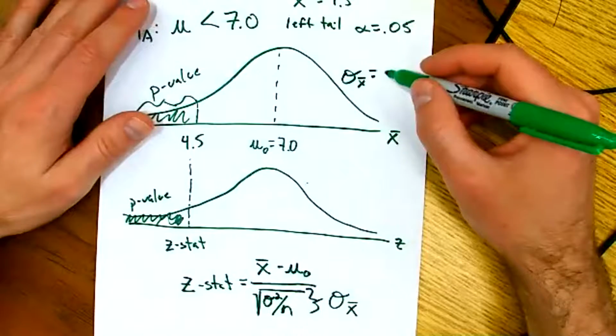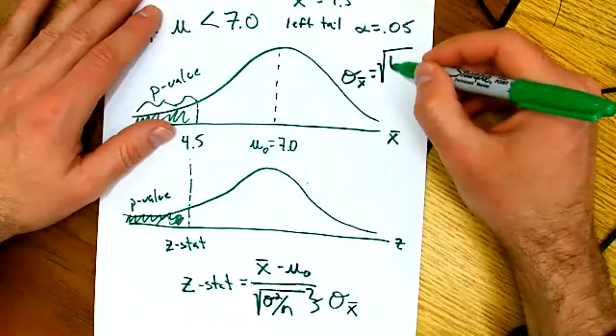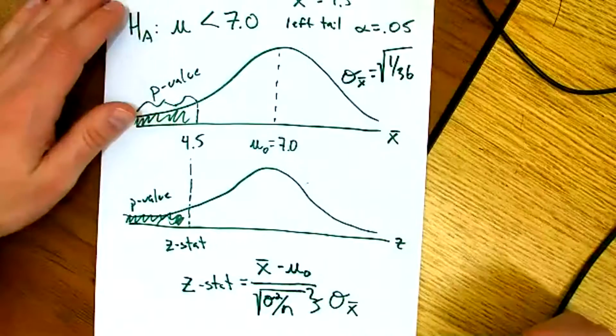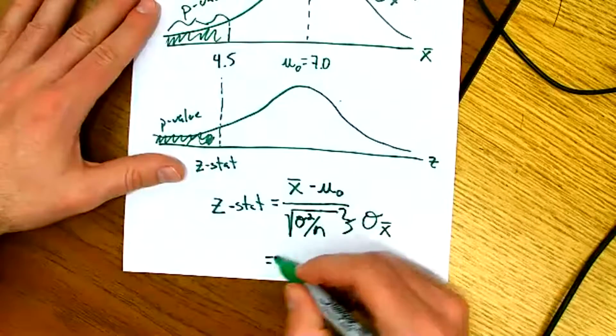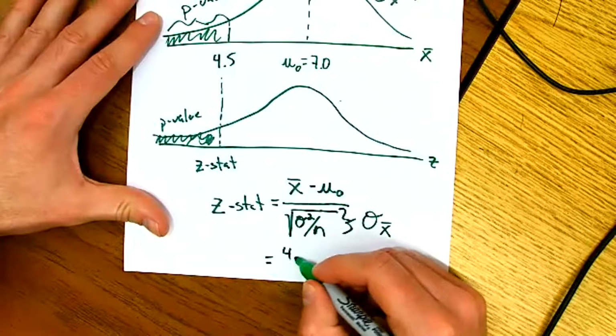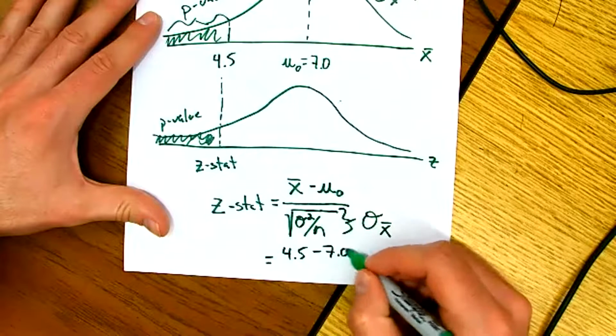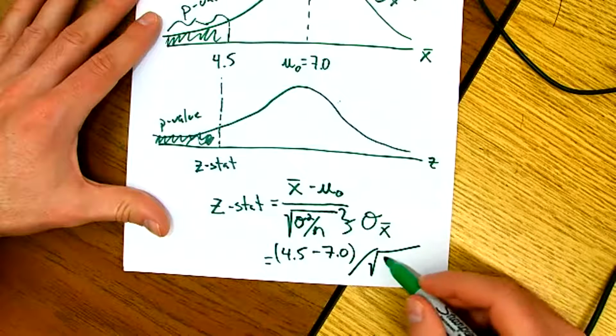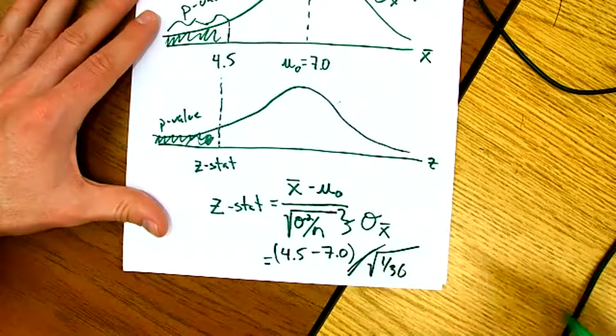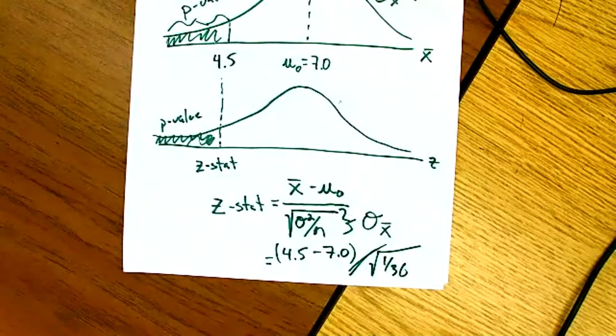So if I did that, I have the square root of 1 over 36. And then down here, the sample mean that I found was 4.5. Subtract the assumed true mean of 7, and then divide by the square root of 1 over 36. Okay.